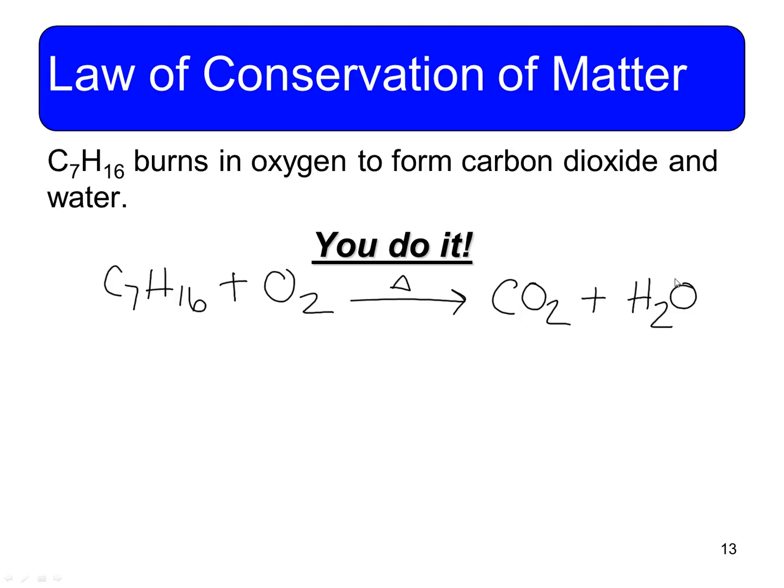And that's one of the formulas that you have to know. Okay, and so now I want you to go through and balance it. Start with all atoms besides hydrogen and oxygen, and then hydrogen, then oxygen.